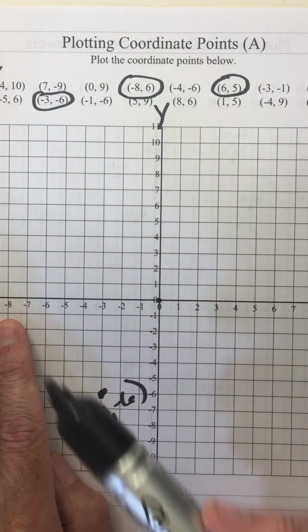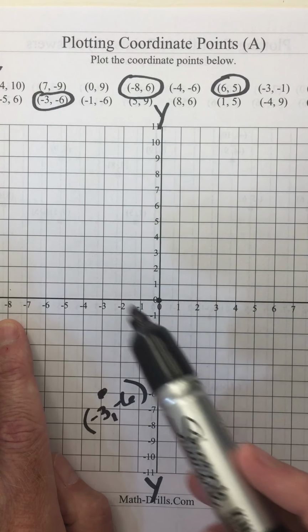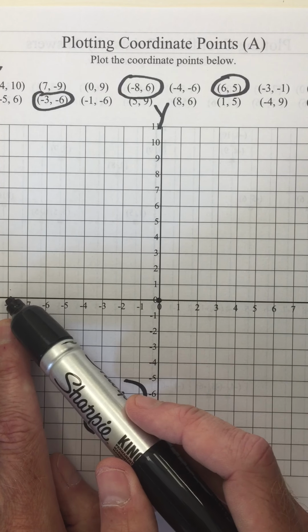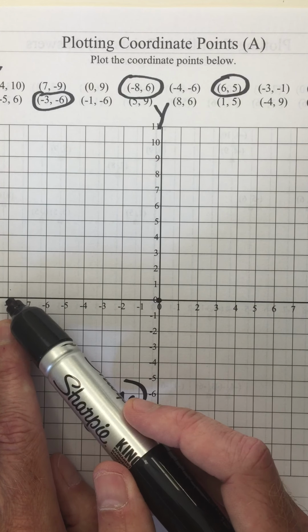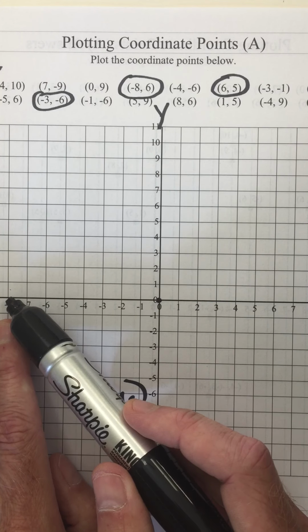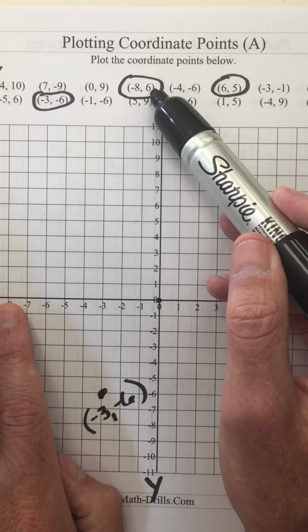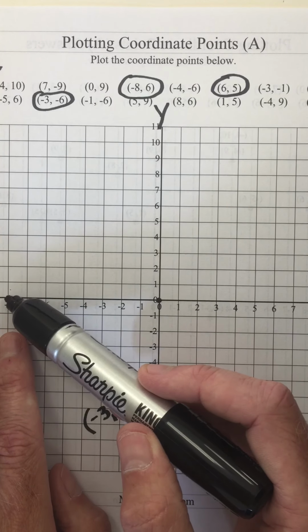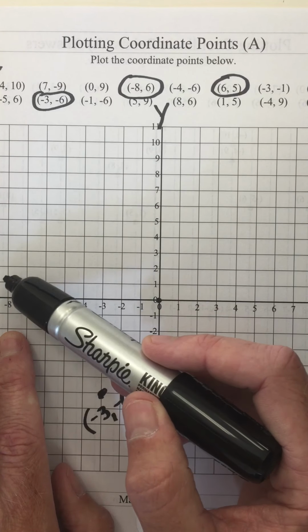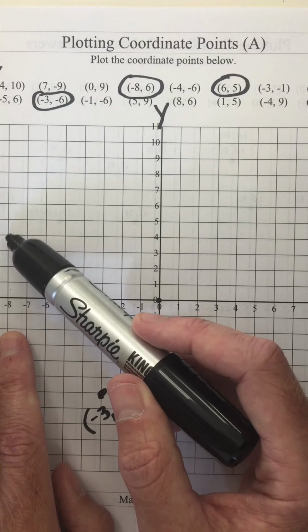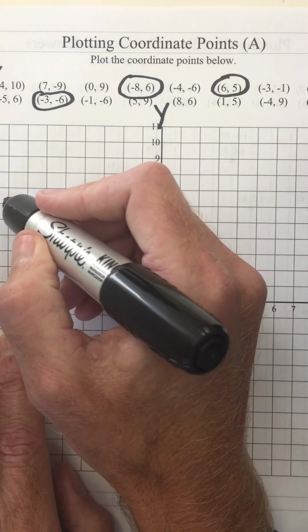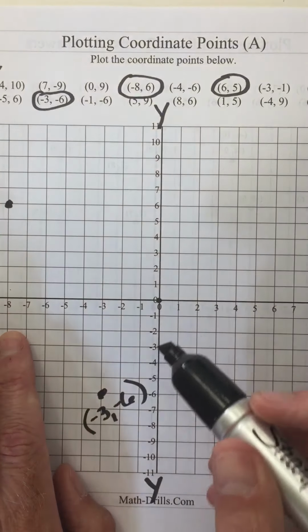Yes, I could have just looked and seen that it says -8, but I just want to make that point. So now I go to -8, and the second number tells me up or down. The second number here is a +6, so a +6 tells me to go up 6. 1, 2, 3, 4, 5, 6, and I mark that.